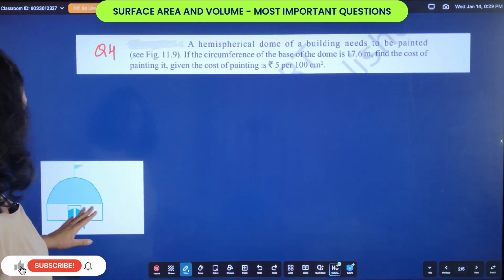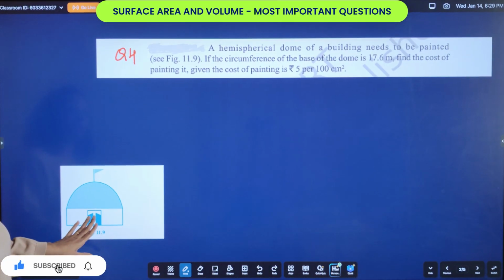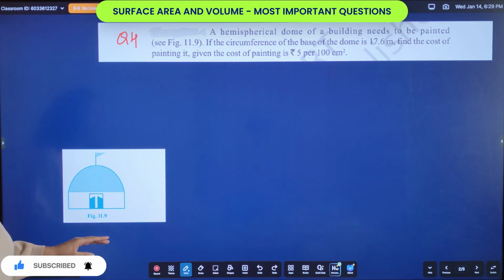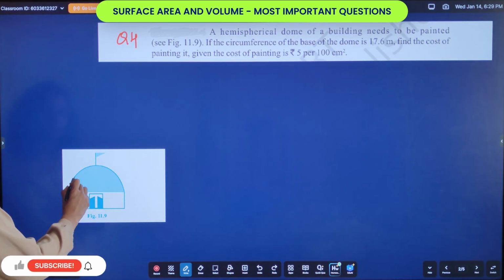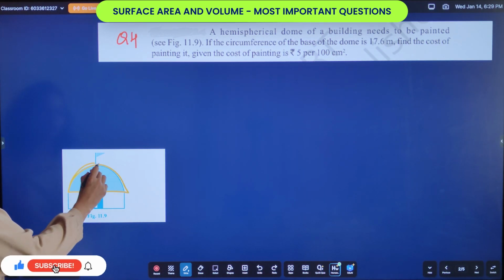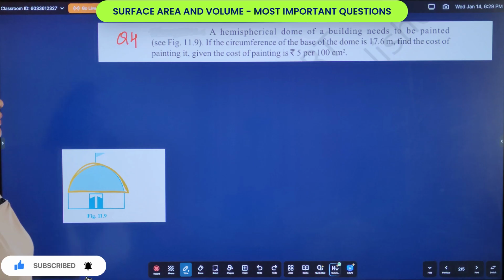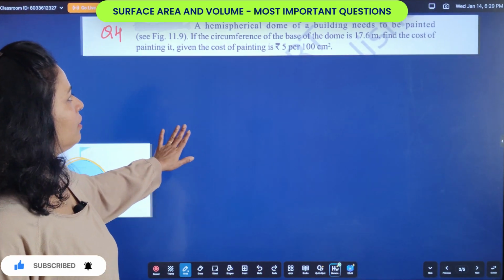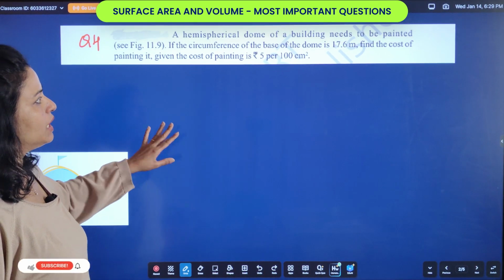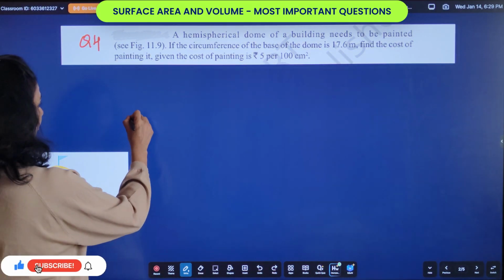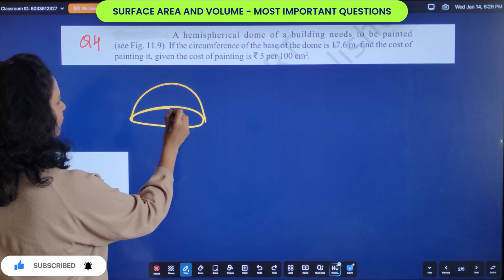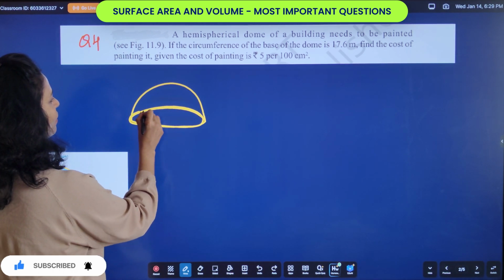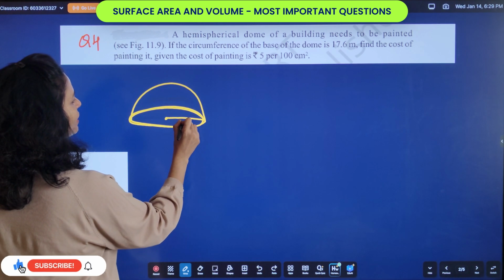A hemispherical dome, so the dome is something like this. The hemispherical dome of a building needs to be painted. Here in the figure, this is the dome which is in the form of a hemisphere. So it is to be painted. Now the circumference of the base of the dome is given, and this becomes the radius here, right?